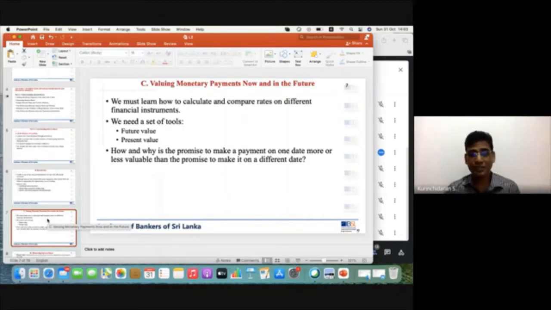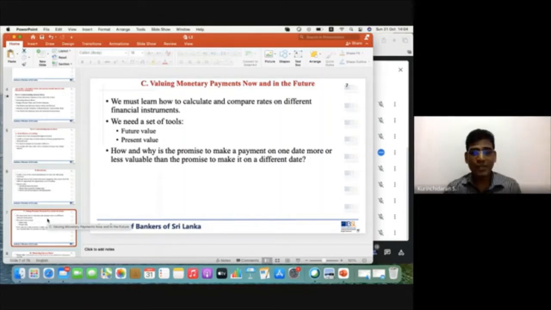That's a future value. Or if I'm going to get 10,000 bucks after 1 year, then what would be the value today?